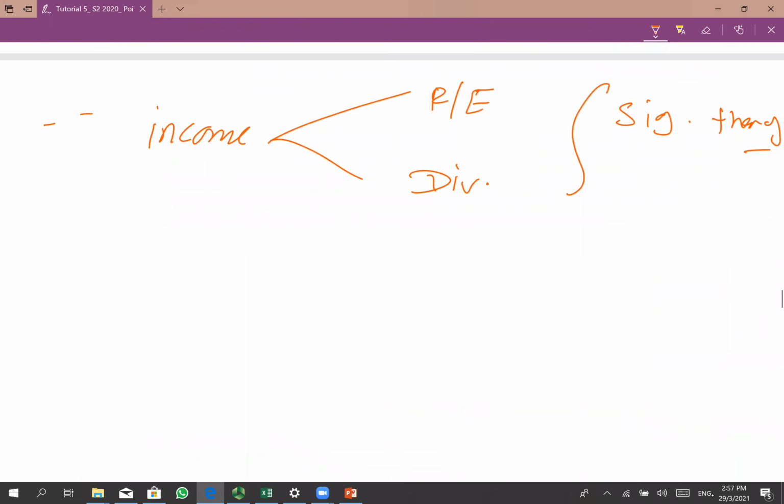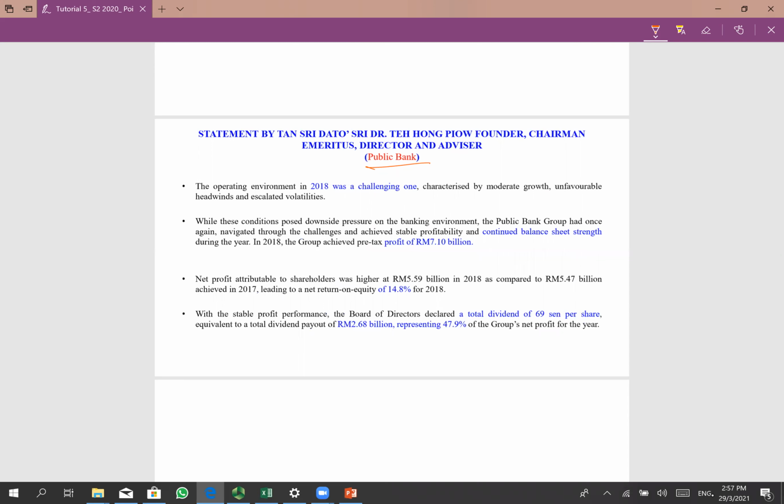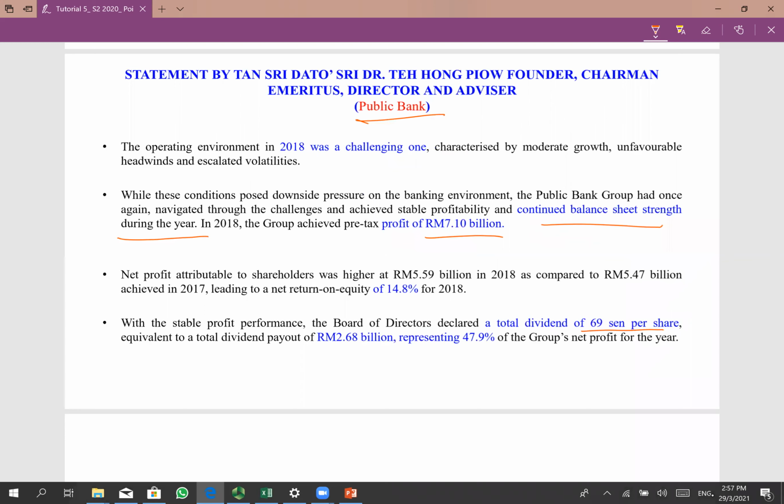Public Bank is saying the same thing, that they are growing and making a lot of profits, 7.10 billion in 2018, but still with all this growth and the strength of their balance sheet, they still can pay dividends of 96 cents, around 2.68 billion or 47%.